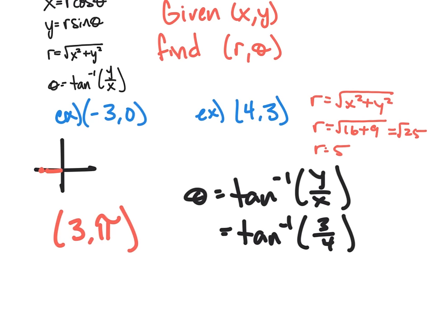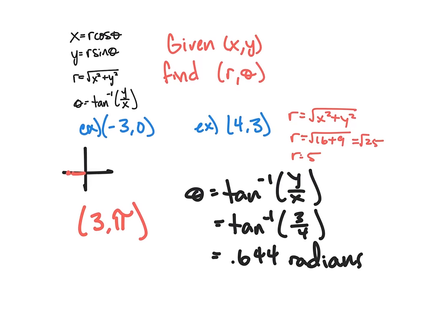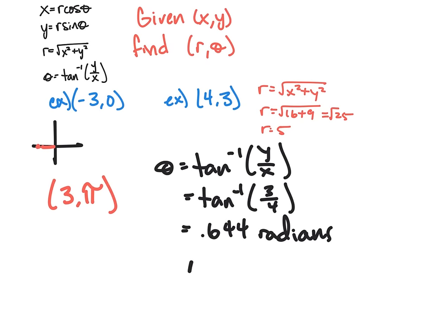And because we've been dealing this whole time in radians, I'm going to leave this in radians. So this is going to equal 0.644 radians. So the point 4, 3 is at the point 5, 0.644 in polar.